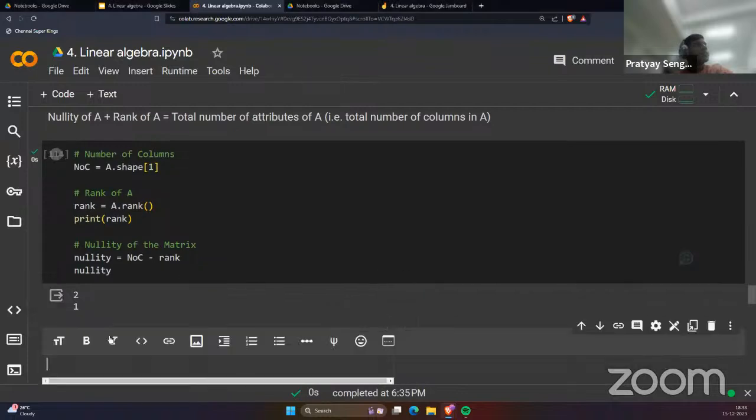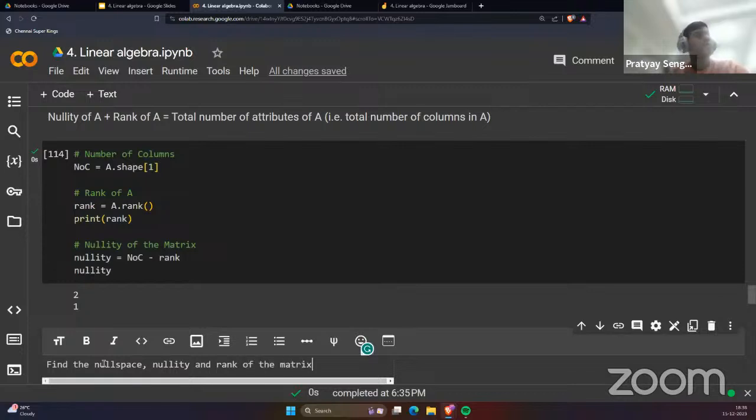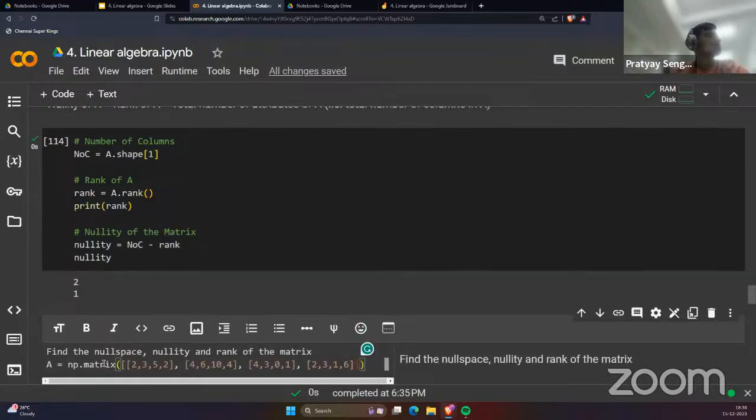Placed it in the chat. Still, I will try and find the null space, nullity, and rank of the matrix given here.